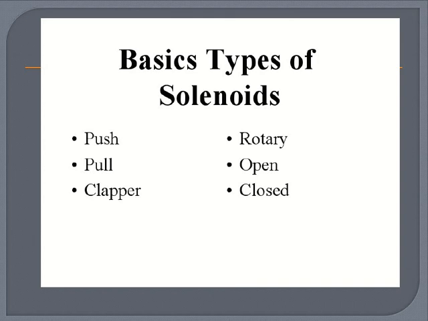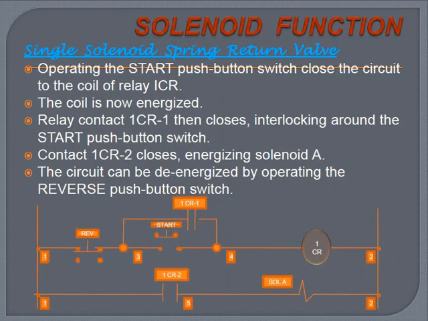clapper type, rotary type, open type, closed type. Solenoid function: single solenoid with spring return valve. Operating the start push button switch closes the circuit to the coil of the relay, that is CR1. The coil is now energized.